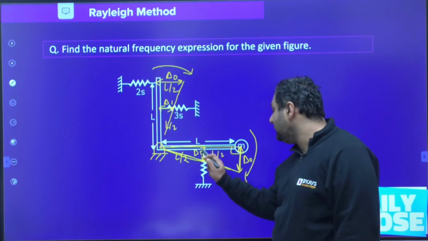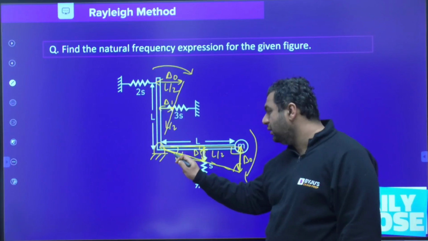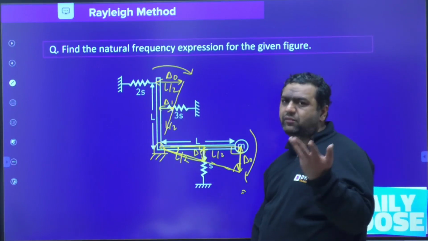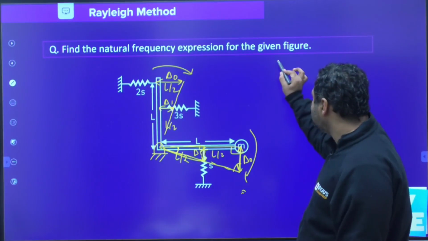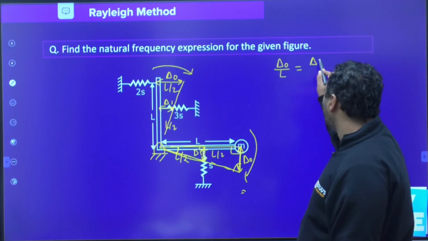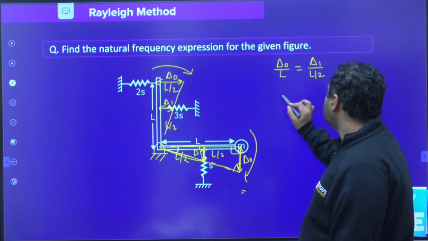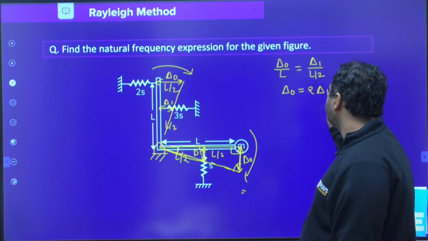This angle is 90, this is 90, and this angle is common. So when two angles are equal, the third will also be equal. From here you can say delta naught by L equals delta 1 upon L by 2, so delta naught is 2 times delta 1.